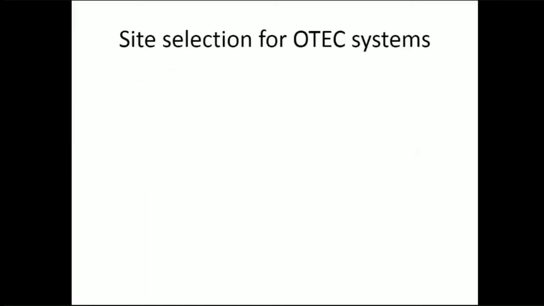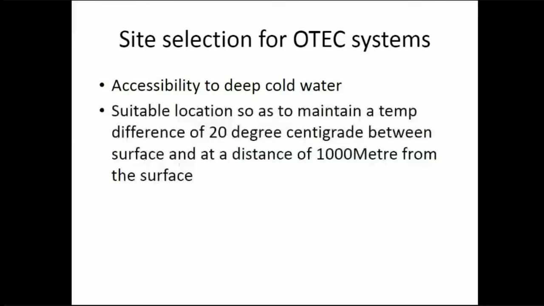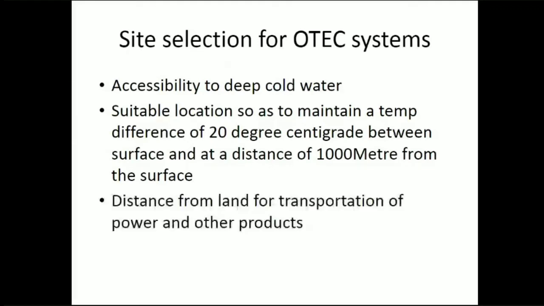Next is site selection for OTEC systems. Accessibility to deep cold water. So there should be water available at around 5 degrees centigrade so as to maintain a temperature gradient of 20 degrees centigrade. Suitable location so as to maintain a temperature difference of 20 degrees centigrade between the surface and at a distance of 1000 meters from the surface.